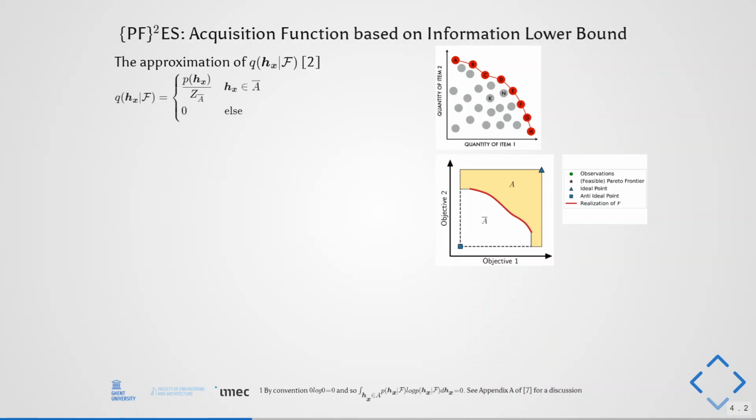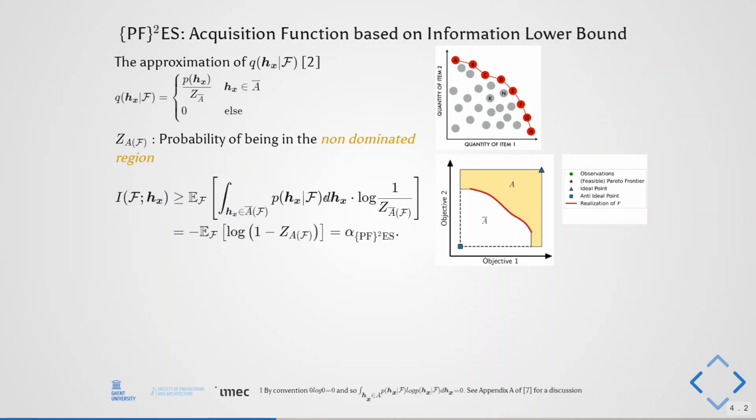This approximation resembles that if we have the realization of the Pareto frontier, the probability density shouldn't have any value larger than 0 in the non-dominated region. And we can subsequently write down the complement Z of A complement by making use of Z of A, which is the probability of being in the non-dominated region.